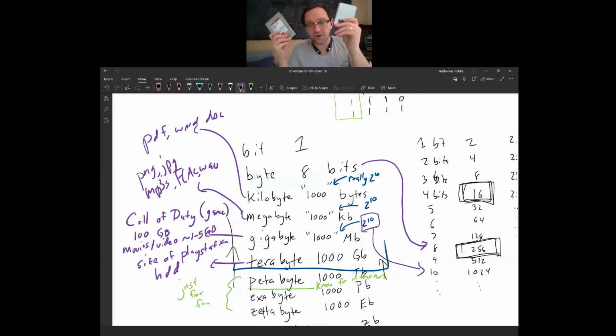Okay? Now, the thing about both of these is that they're mechanical. Again, there's a motor inside of here, and there's disks. And the motor spins up, and it makes the disks spin like a record player, and then there's a head that goes over and reads the information.